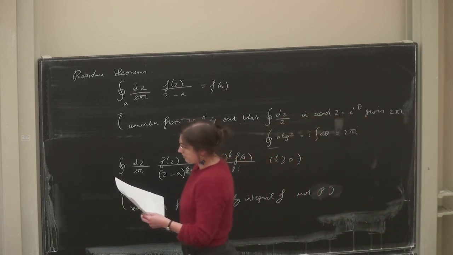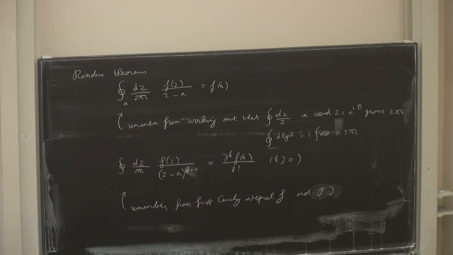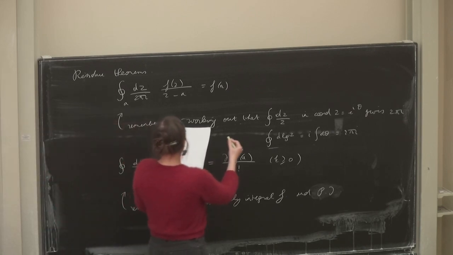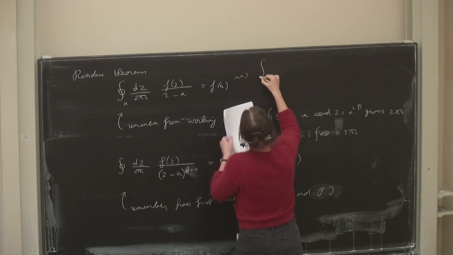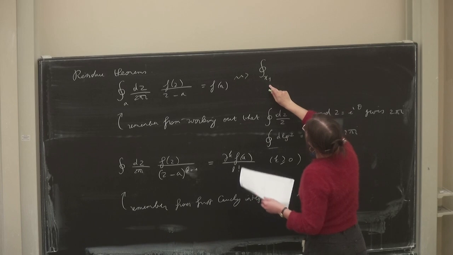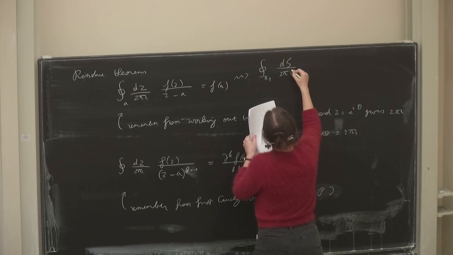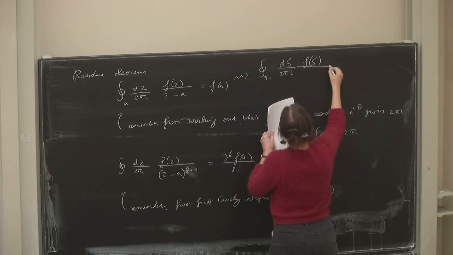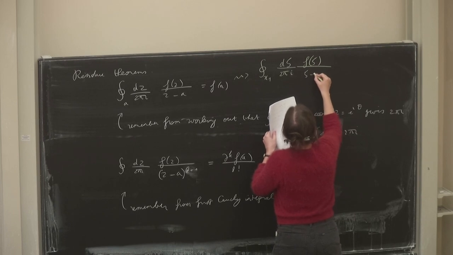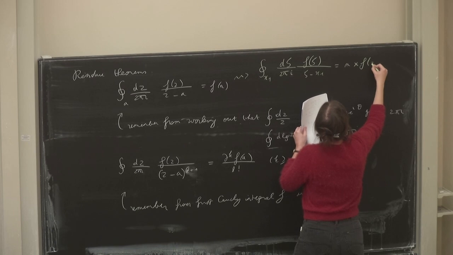So let me write it in a different color. Applied to our complex integral with a contour that circles x1, the special point x1, f of zeta minus x1 is actually n times f of x1.